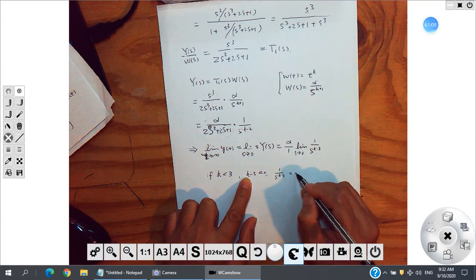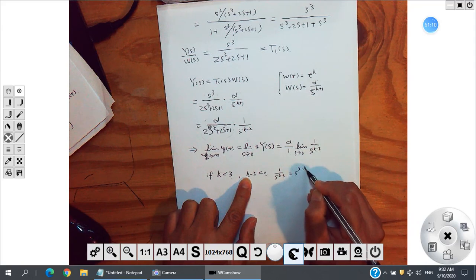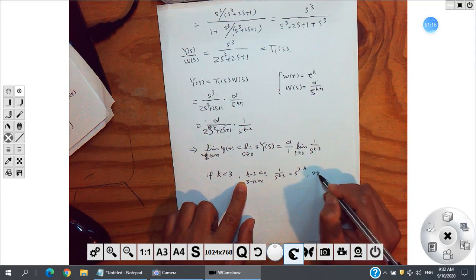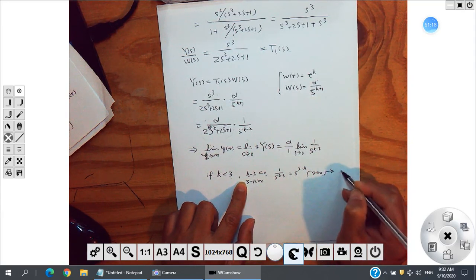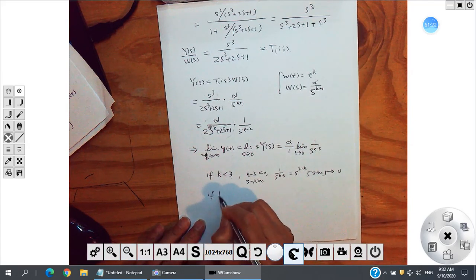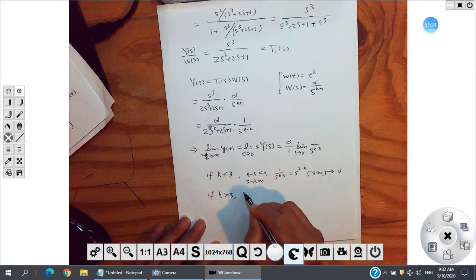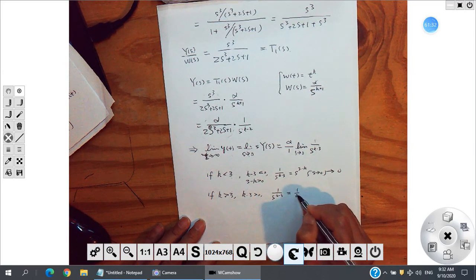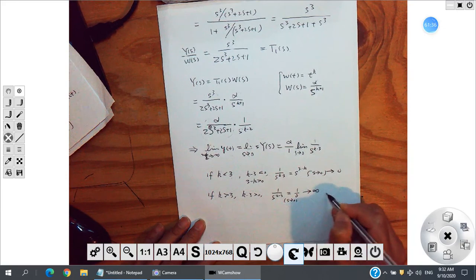So actually this is s to the 3 minus k, right? This is positive. 3 minus k is positive. And as s tends to 0, this will tend to 0. And if k is larger than 3, then k minus 3 is positive. Then 1 over s to the k minus 3 is like 1 over 0 as s goes to 0. So this is infinite.